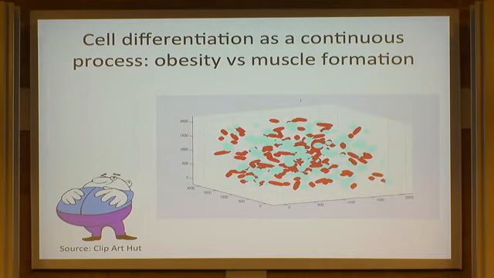So we had differential equations with 2 or 3 spatial dimensions, as well as some other dimensions for the differentiation space. So we get a 5 or 6 dimensional differential equation.